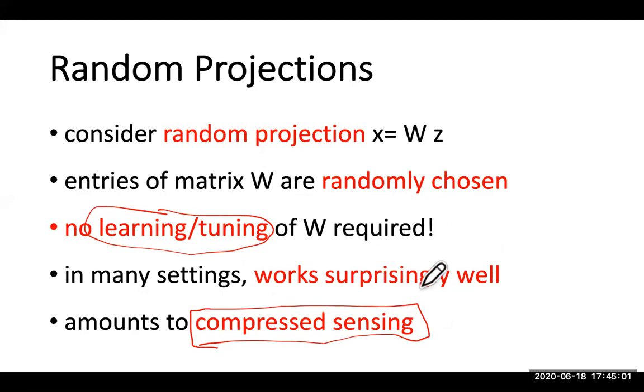However, it is not extremely well understood when these random projections are guaranteed to perform close to optimal feature learning. But in some simple settings, like linear regression, it can be shown theoretically that these random projections come very close to the performance of PCA. And for random projections, we don't need any computationally expensive matrix operations, which is the big advantage.